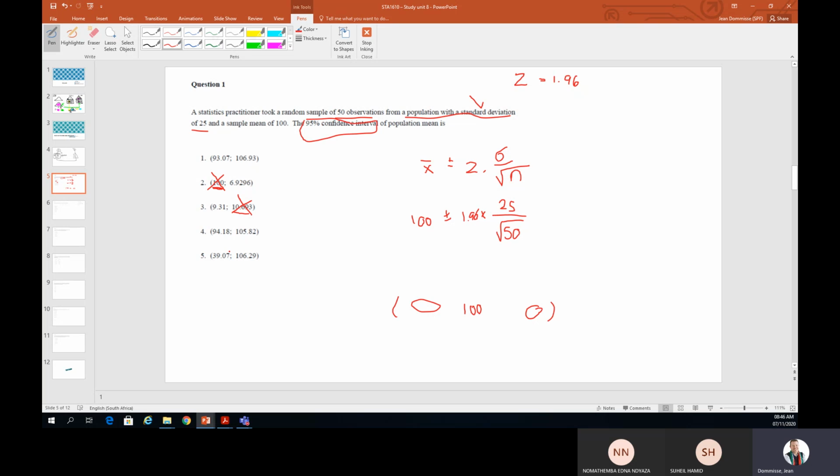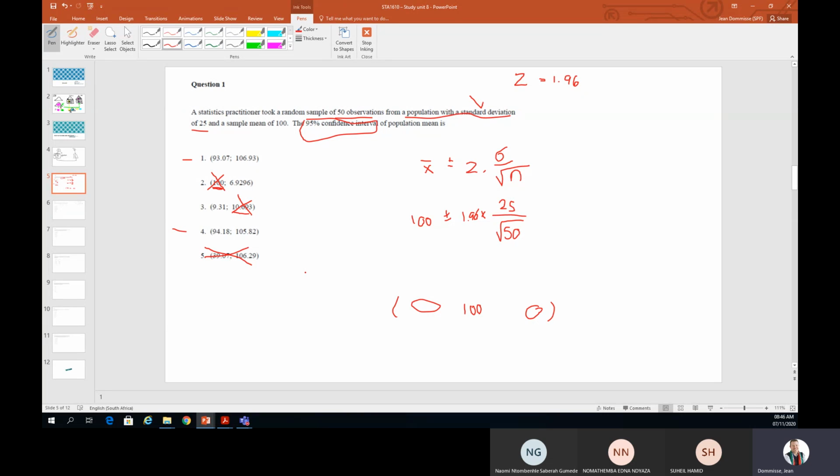If 100 is in the middle, on that side I took off 60, and on that side I only added 6. So it can't be that one. Okay, 100 will be exactly in the middle as I'm subtracting something on this side, but I'm adding the same value on that side. So that one can't be either. So we're sitting with two that could actually be the answer. There's no shortcut further on, so we need to use the calculator.